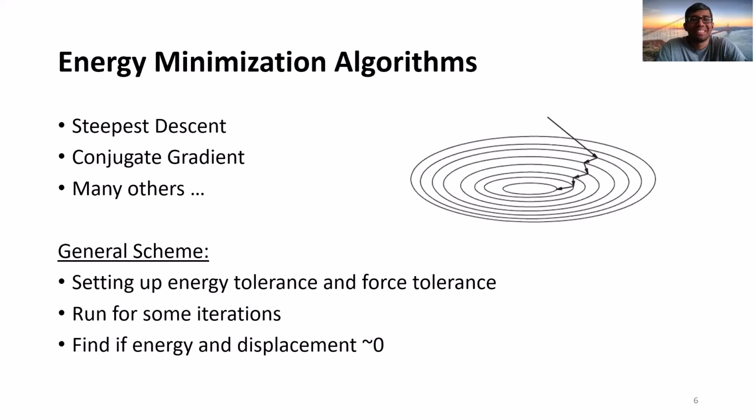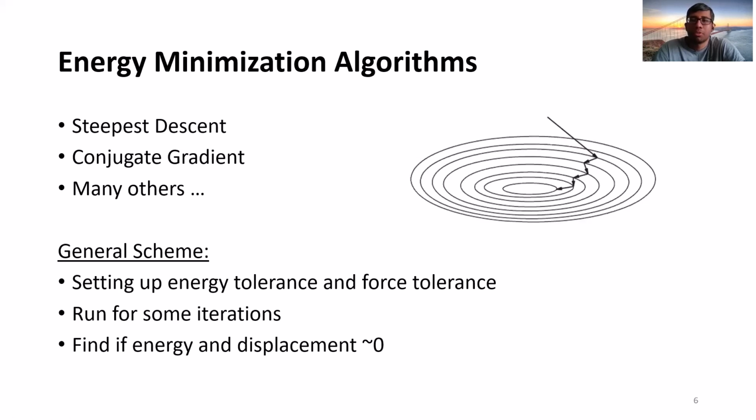But as a general scheme, the energy tolerance and the force tolerance are generally set up, and it is run for some iterations to see whether the system can go into a very low local or global minimum of energy to begin the actual MD simulation, and to find whether the energy and displacement of the system is close to zero.